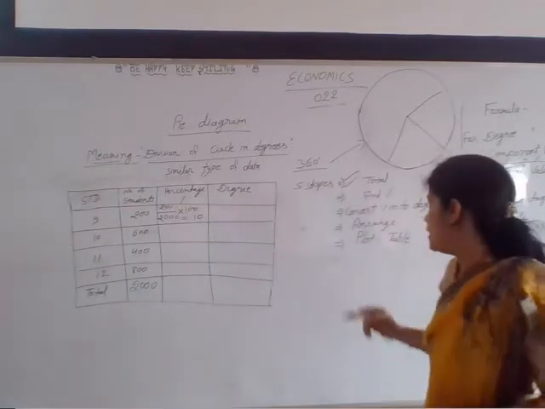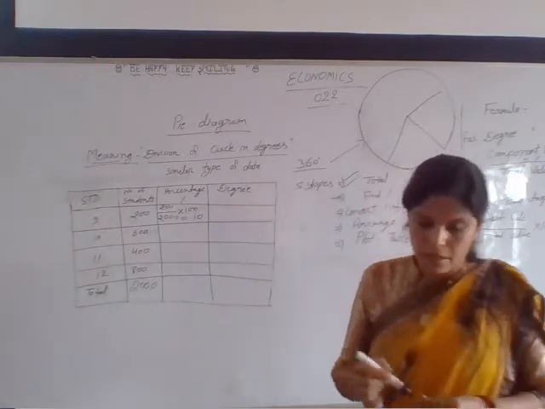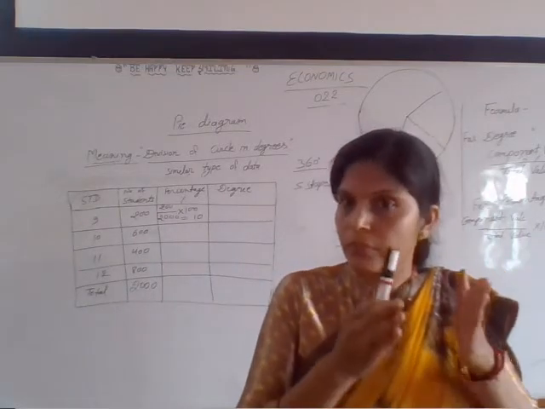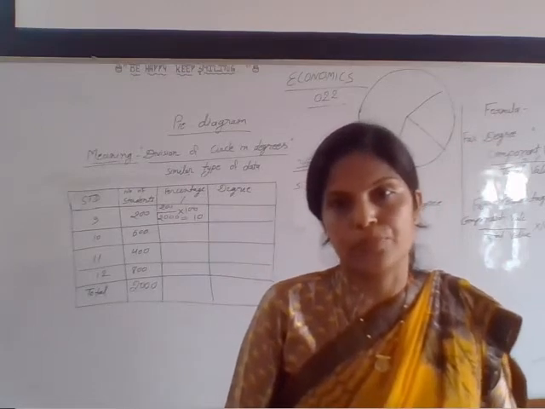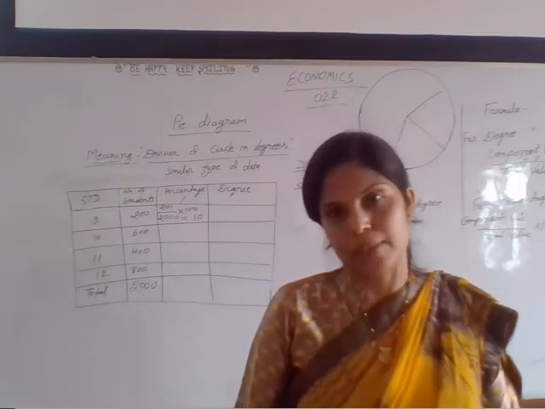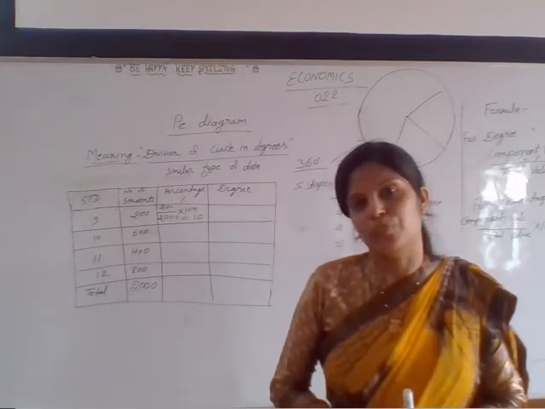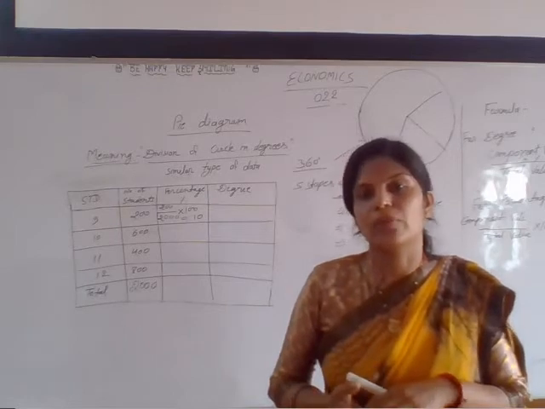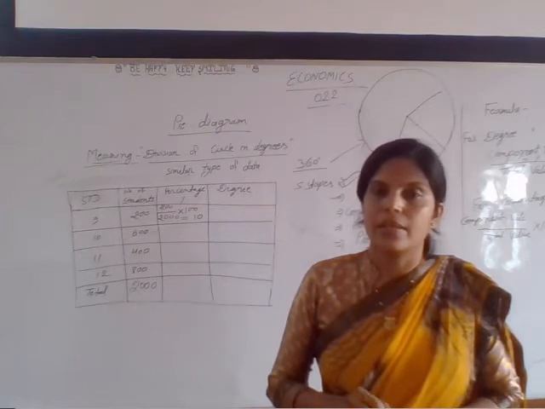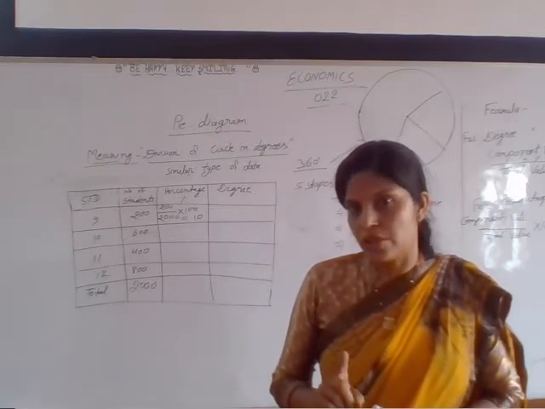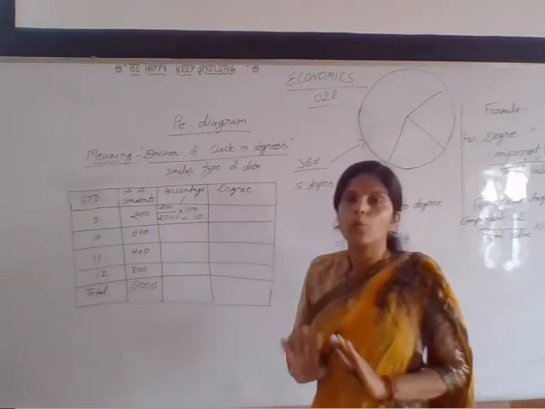In our second step, we will find the percentage. Remember this: if the values in our question are already in percentage, then we have no need to find the percentage. But if the values are not in percentage, the answer will be complicated and you may not draw the diagram properly. So if the percentage is given in the table, there is no need to convert.